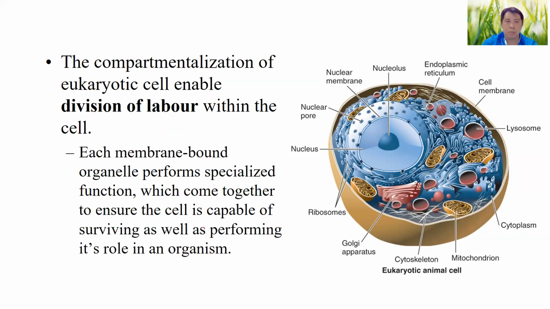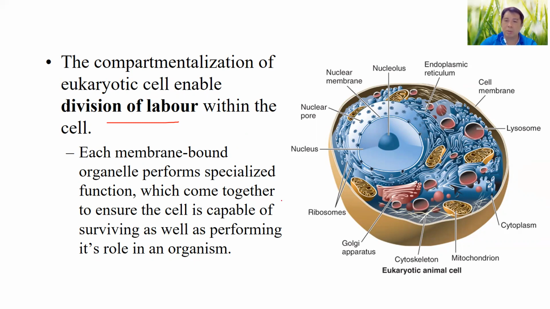The compartmentalization of eukaryotic cells enables the division of labor within the cell. That means the labor can be divided among different compartments within the cells, so that each membrane-bound organelle can perform a specialized function, which come together to ensure the cell is capable of surviving as well as performing its role in an organism, independently and also dependently.